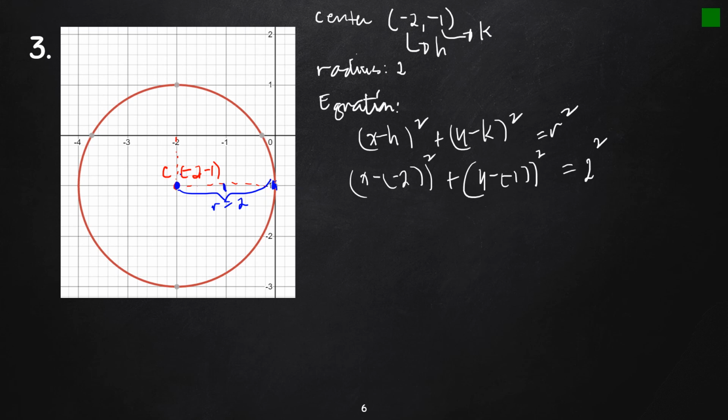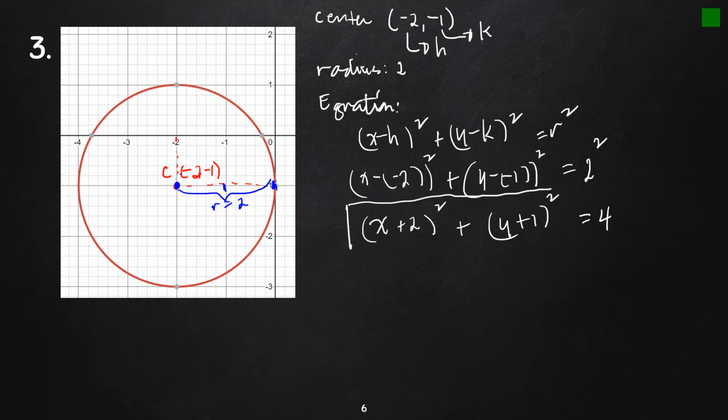Simplifying the left side of our equation, we have x plus 2 quantity squared plus y plus 1 quantity squared equal to 4. And this is the equation of our circle in standard form.